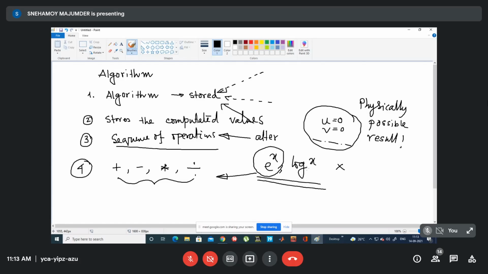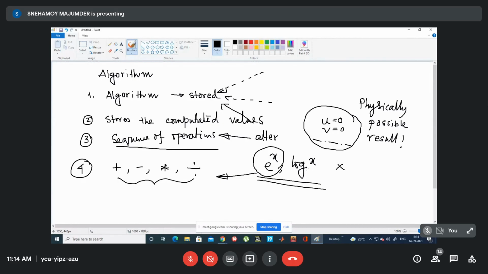Now, what does it mean in a nutshell? To solve a mathematical problem, say the solution of a differential equation by a computer, a step-by-step procedure has to be followed, which has an algorithm stored in the computer, to store the data if required. That data retrieval is possible and further use is possible.